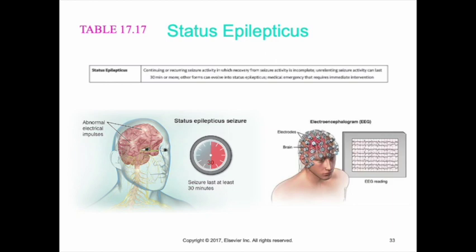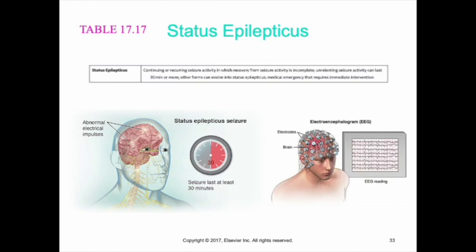If you have epilepsy, you may have seizures repetitively. A seizure that lasts longer than 5 minutes, though, or having more than one seizure within a 5-minute period without returning to the normal level of consciousness between episodes, can also be defined as status epilepticus. Your textbook says that status epilepticus is continuing or reoccurring seizure activity in which recovery from the seizure activity is incomplete.